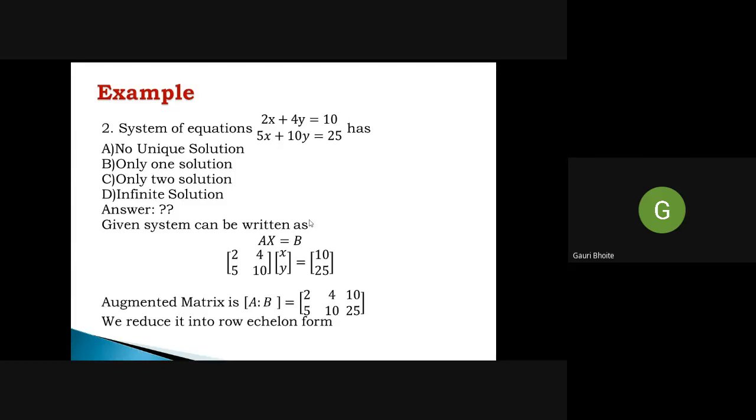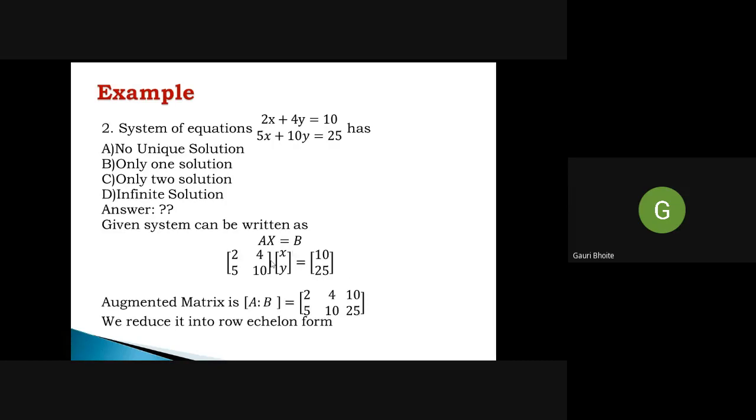So everybody can write the given system of equations in matrix form. Here it is [2, 4; 5, 10] times [x; y] equals [10; 25]. Now my augmented matrix is matrix A along with one more column vector, that is B. So the augmented matrix AB is [2, 4, 10; 5, 10, 25].